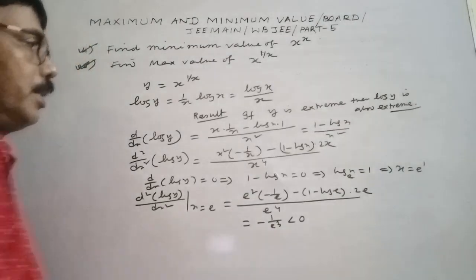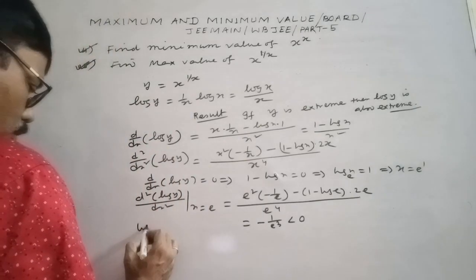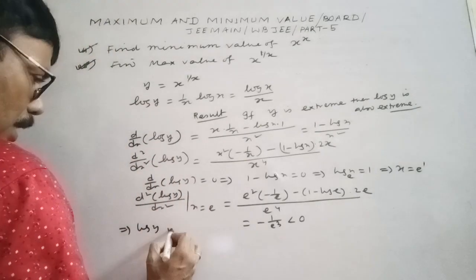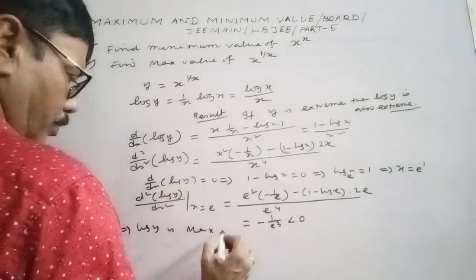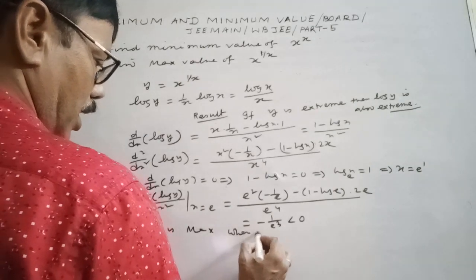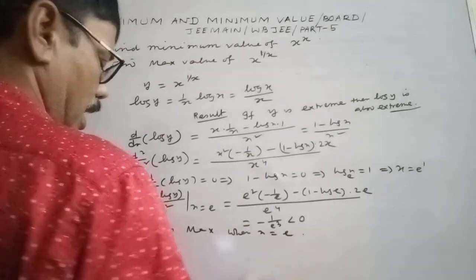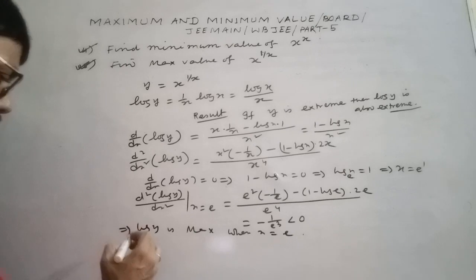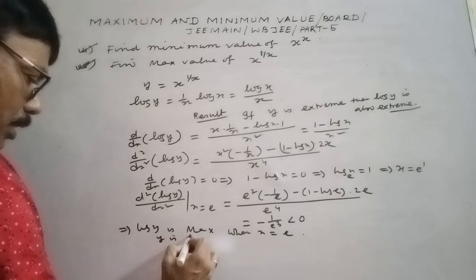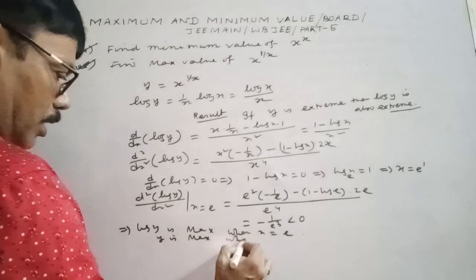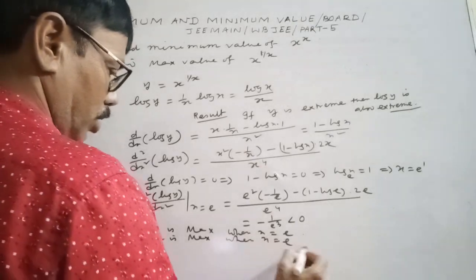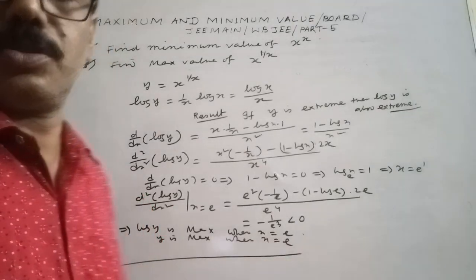So what we are getting? log y is maximum when x equals e, and hence you must write this: y is maximum when x equals e.